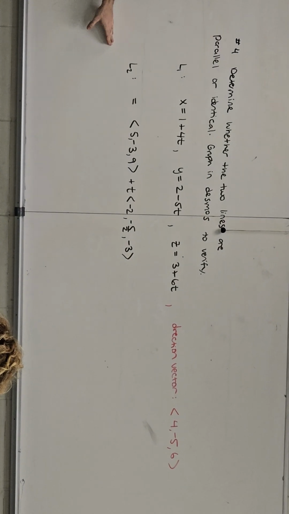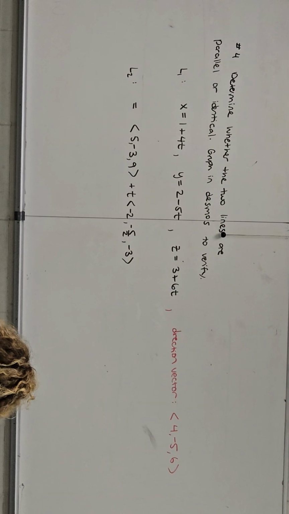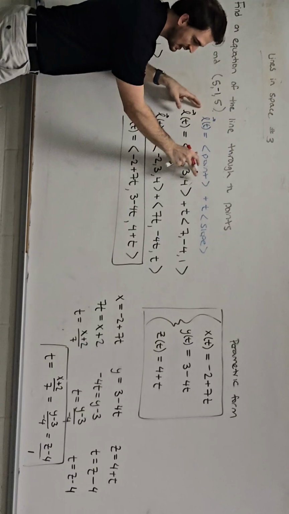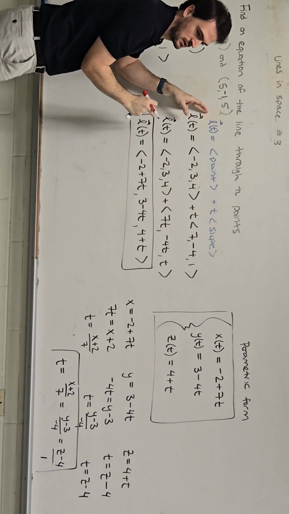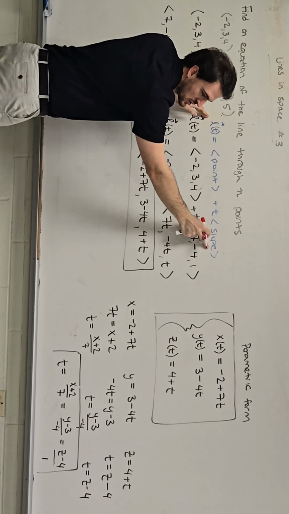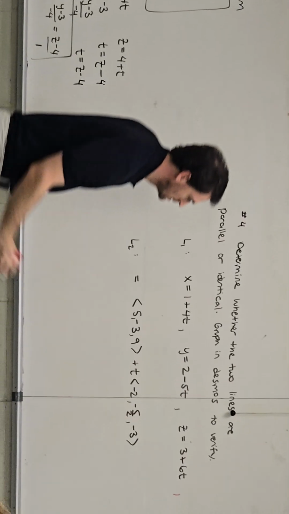In this vector component form, oh, that looks like this form up here, where we had some point plus t times my direction vector. Well, that means that this vector here is the direction vector.